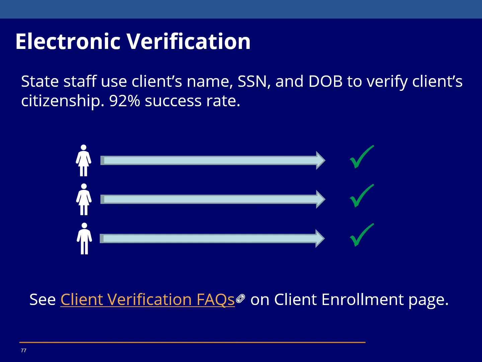This is especially helpful for clients who do not have access to their citizenship documentation. And it means most clients do not need to bring in proof of their citizenship. If you want more information on the electronic match process, see our client verification FAQs on our client enrollment webpage.